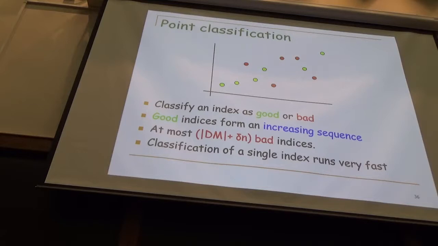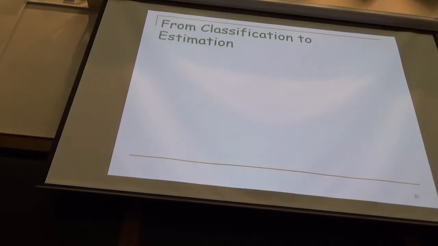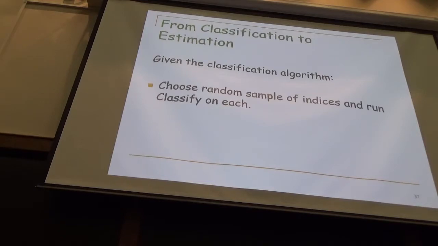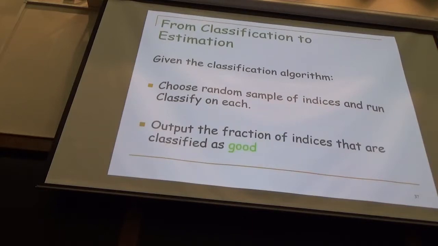Well, once I have a good classification algorithm, you can choose a random sample. But you don't do what we did before, which was find the longest increasing sequence of the random sample. No, you don't do that. You run the classification algorithm on each point in your sample, figure out what fraction are classified bad, and output that fraction of indices.